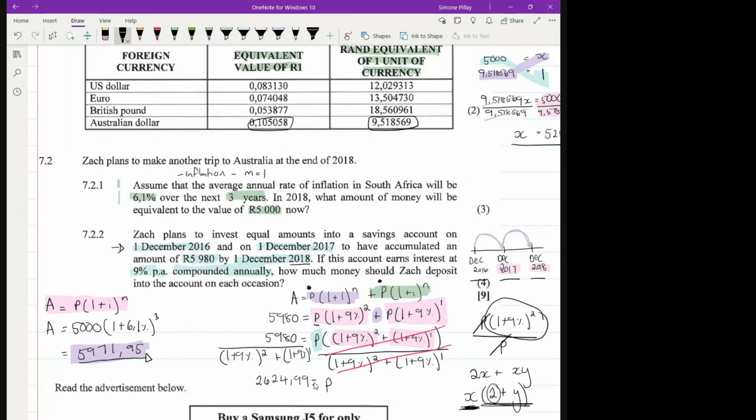So this is the amount that we had to invest on the 1st of December 2016 and the 1st of December 2017 in order for us to take out an amount in 2018 of 5,980. Now, I know that was a lot, but let me know, how are we feeling?